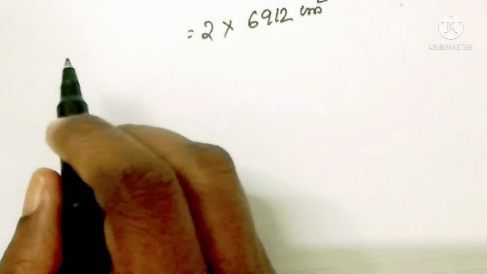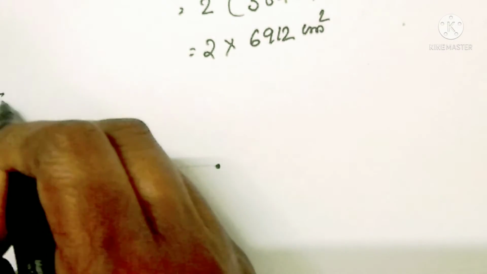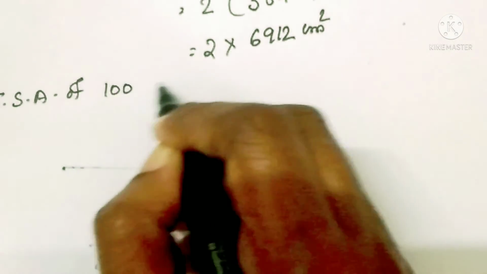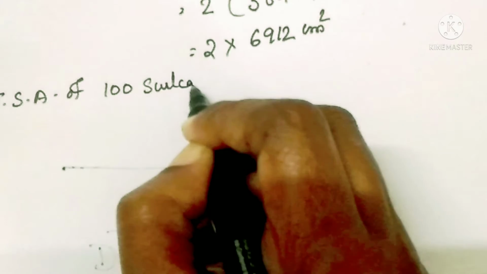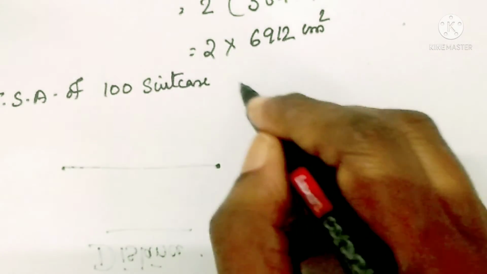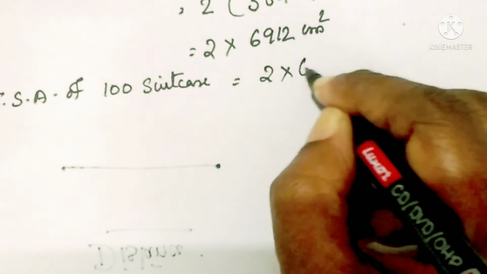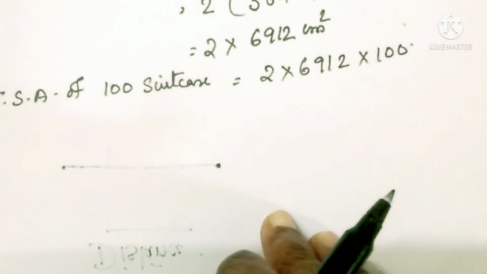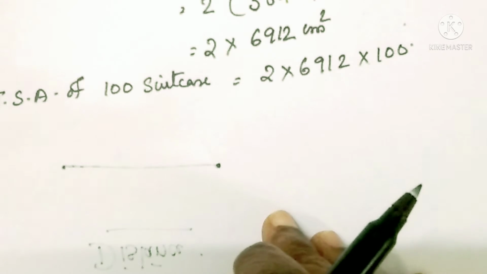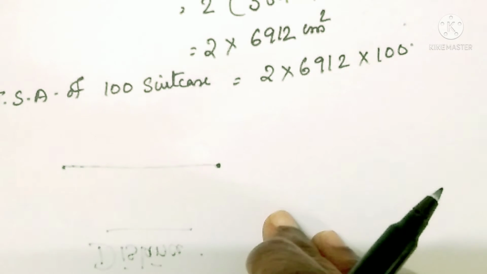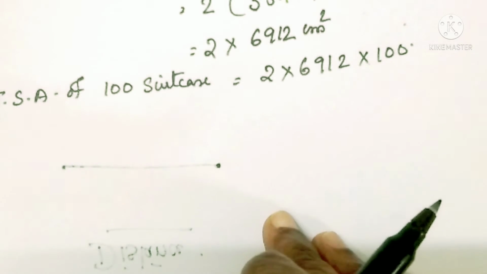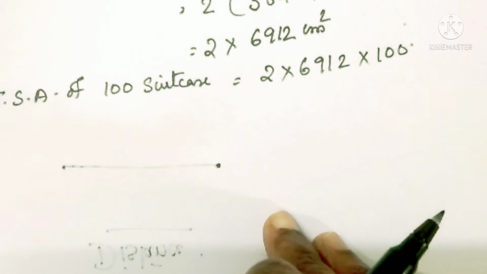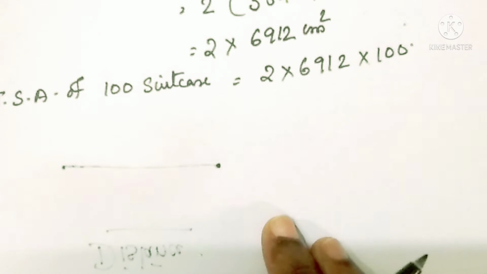Now what is the total surface area of 100 suitcases? So this is multiplied by 100. Now these 100 suitcases need to be covered by tarpaulin. The width, the breadth, is given, you need to find the length.